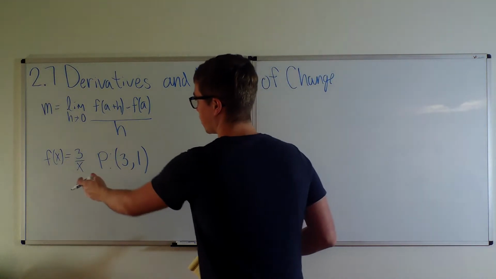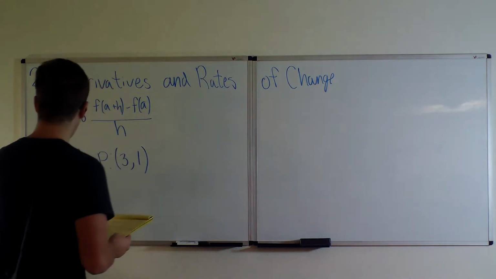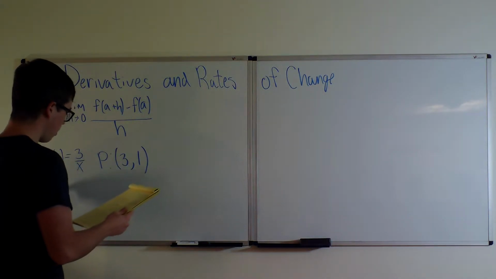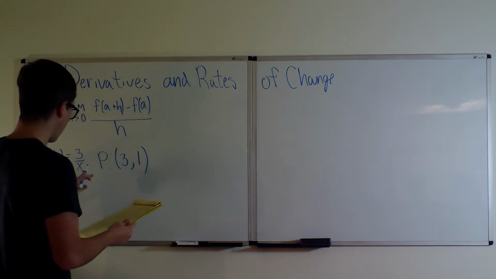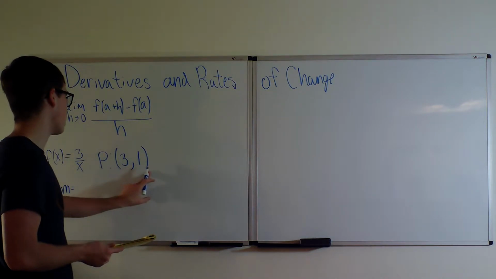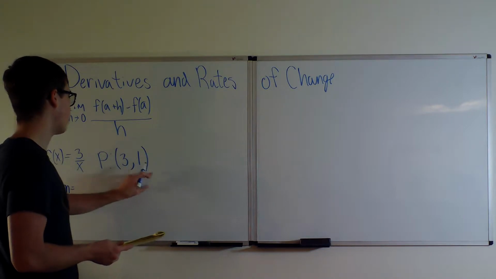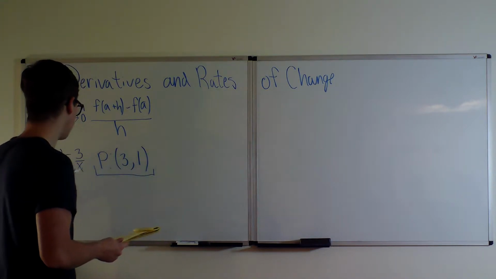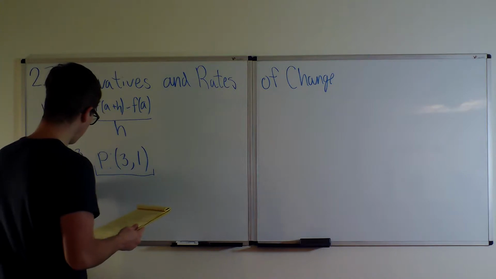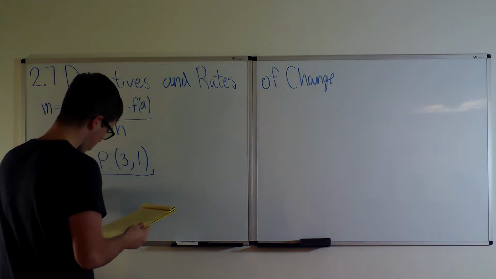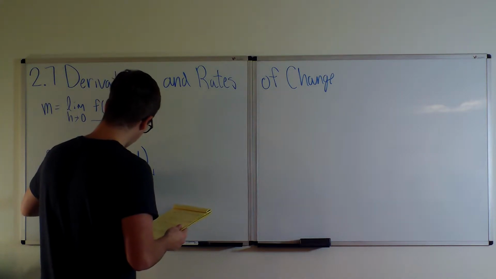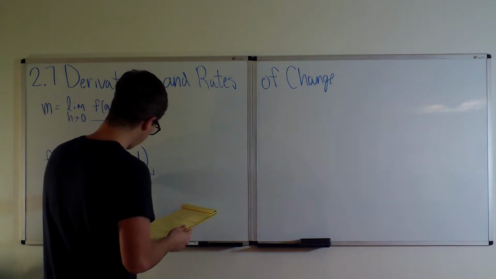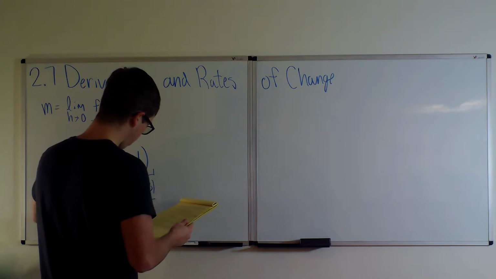We have the function f(x) equal to 3 over x. We have to find the slope, and then plug it into the point slope formula for the point (3, 1). To find the slope first, we do the limit as h approaches 0 of f(3 plus h) minus f(3) all over h.